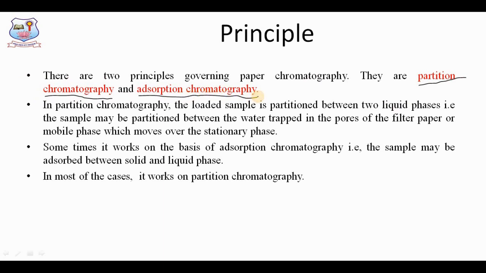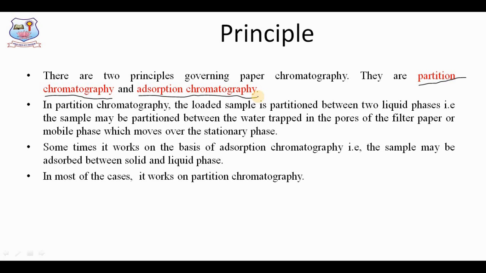So what happens in partition chromatography? The sample you have loaded is partitioned between two phases, particularly two liquid phases. I mean, the sample distributes itself between the water molecules trapped in the pores of the filter paper and the mobile phase, which moves over the stationary phase.